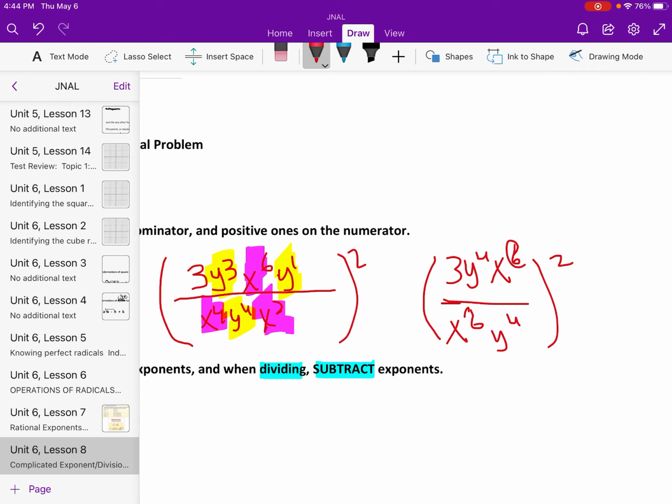So 6 minus 6 is 0. 0 means it's gone, and then y to the 4th divided by y to the 4th, that would be y to the 0th, which is 1, because anything to the 0th is 1, but that makes sense because if there's nothing there, it's 1 anyways. So if we cancel all those things out, we would have 3 divided by 1, which is really just 3, squared, which equals 9. So that's how you would solve that problem.